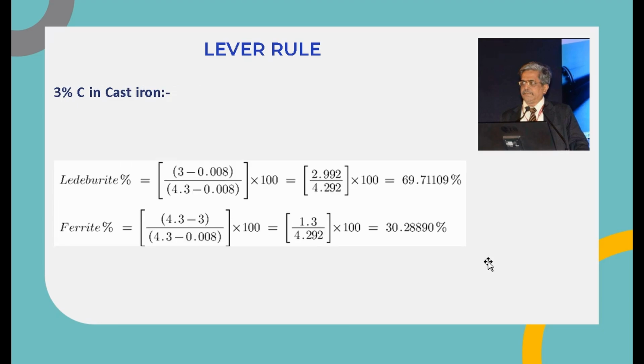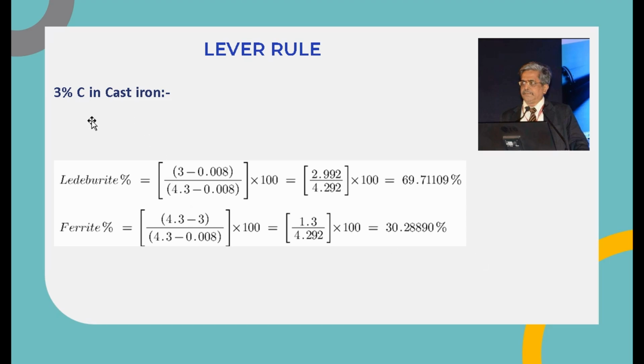In any binary system where there are two phases, you can draw an imaginary line at the given composition and you can calculate the weight fraction of each phase by applying the lever rule. For the first phase, take the branch opposite to the first phase touching the second phase. For the second phase, take the branch opposite to the second phase, divided by the total distance.